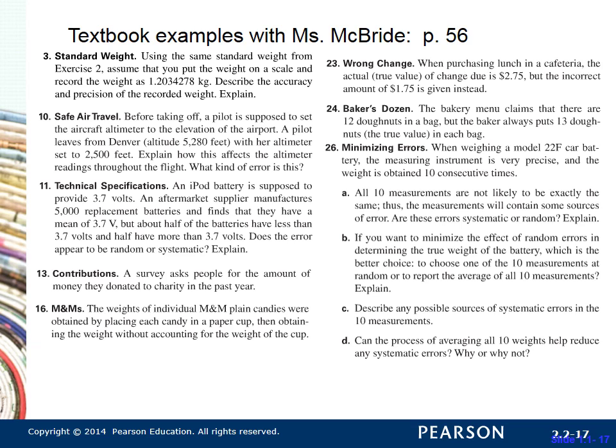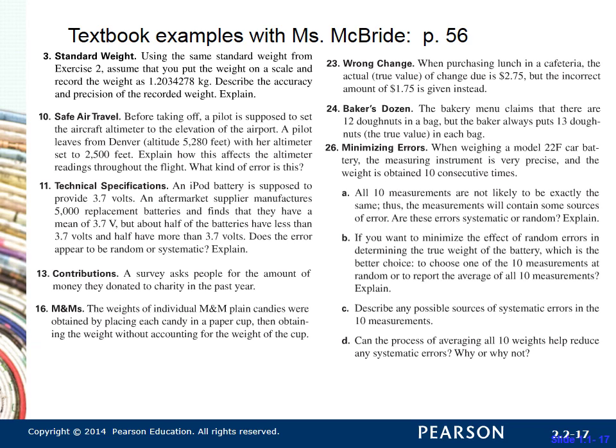All right, number 10. This is under the concepts and applications, so they're just asking you some questions, nothing more specific in the directions. Before taking off, a pilot is supposed to set the aircraft altimeter, the thing that records the elevation, to the elevation at the airport. A pilot leaves from Denver at an altitude of 5,280 feet with her altimeter set to 2,500.